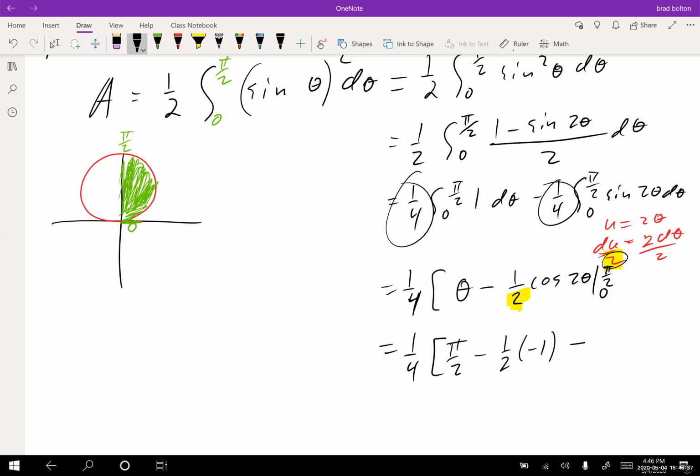And then minus 0, so minus 0 minus 1/2 cosine of 0. I'll write this out. I kind of lost myself in there. Okay, so 1/4. Now let's see what we get. Pi halves plus 1/2 plus, oops, this isn't cosine of, this is cosine of 0 plus 1.